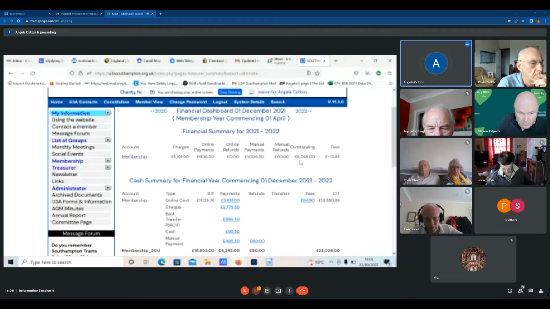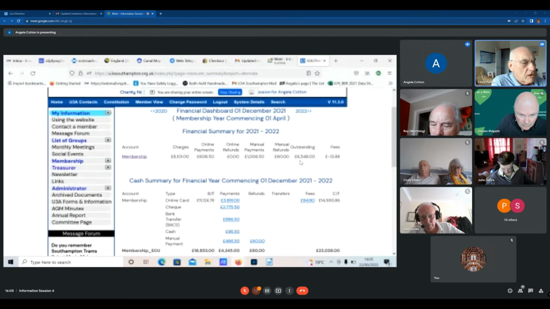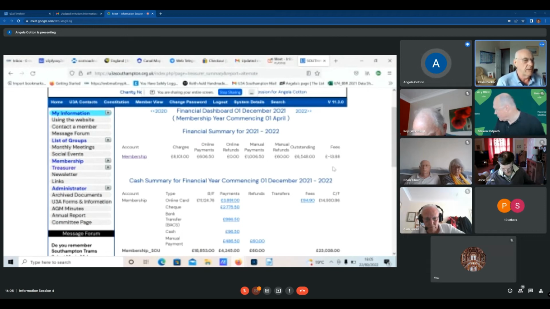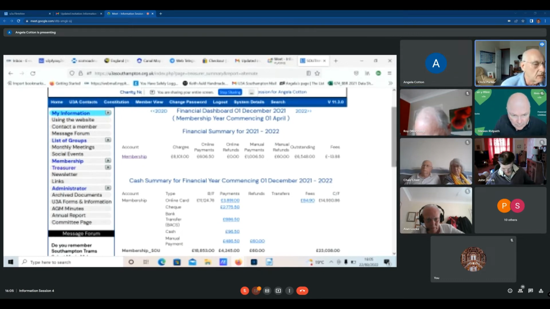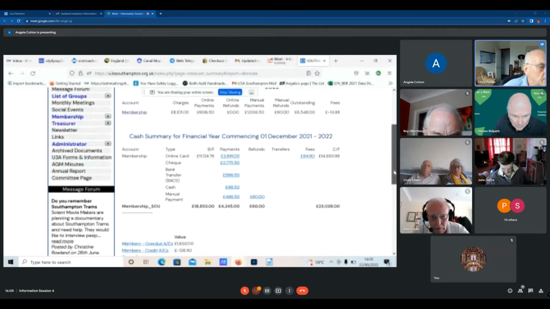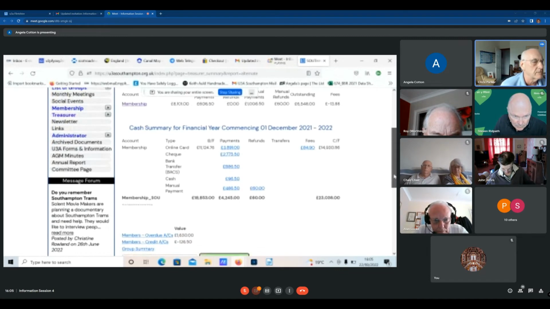Fees are the payment made by credit card. It's Stripe. Okay, that was Stripe. That's probably correct, but the numbers aren't adding up. Yes, because you can see down below your membership online payments is something like about 3,300.